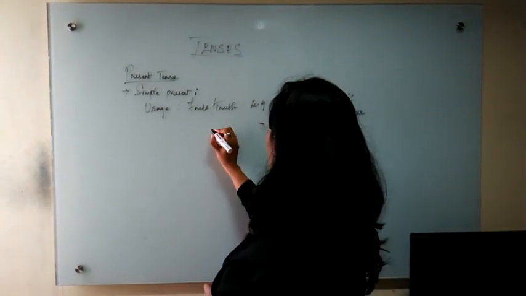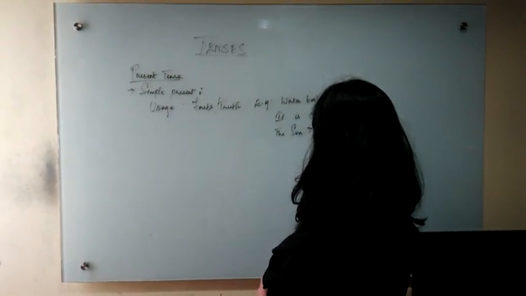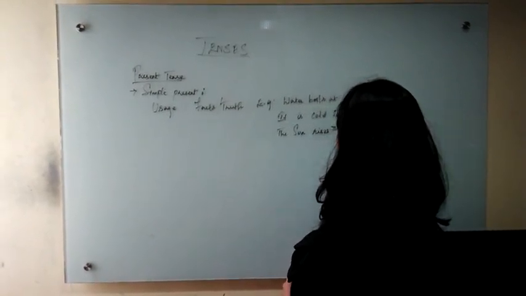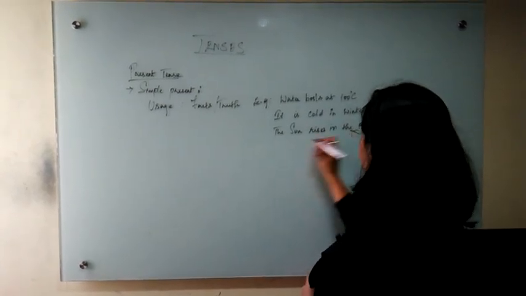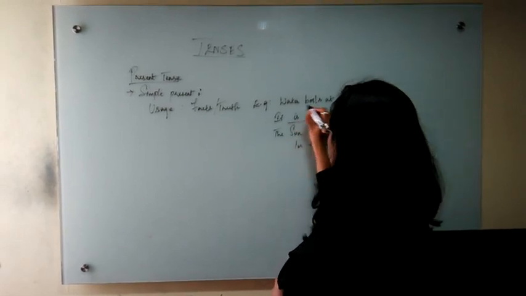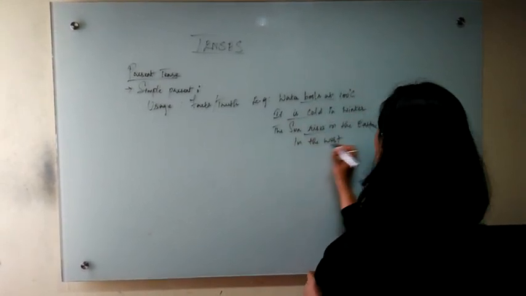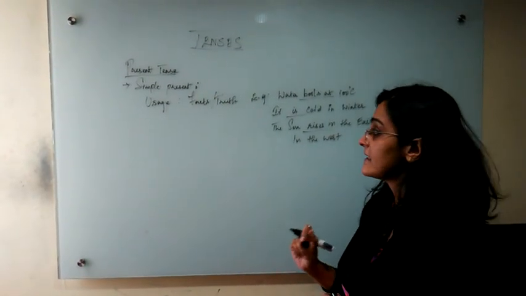Alright, and then we have: the sun rises in the east and sets in the west. So all these things are when we use the simple present tense.